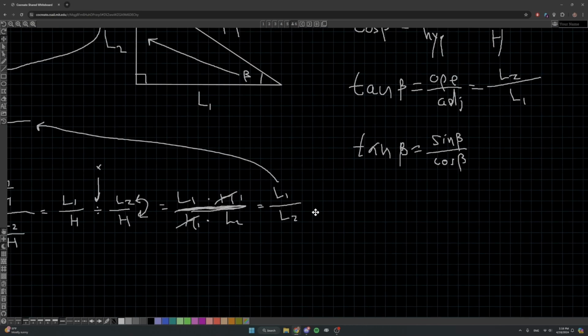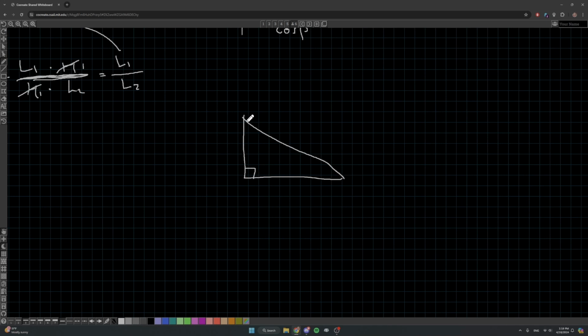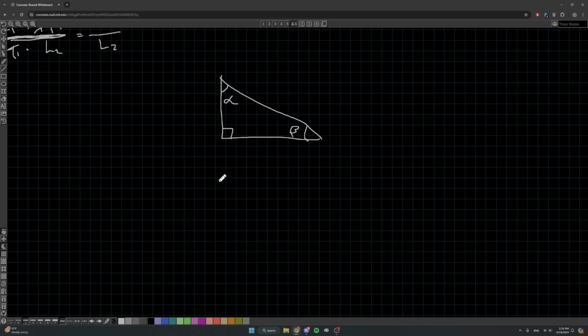If you're working on a single triangle, ignore your hypotenuse, you've got your two angles, you've got alpha, you've got beta. When you study the sines and cosines of these two angles, here is the relationship that you get. You get sine of alpha equals cosine of beta.